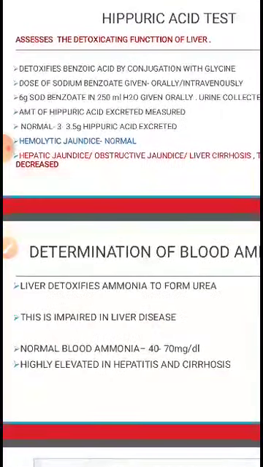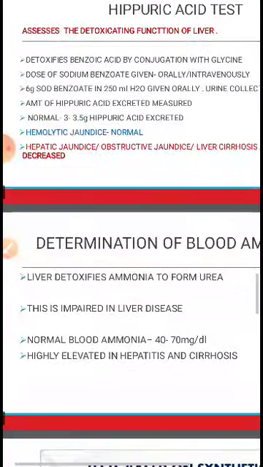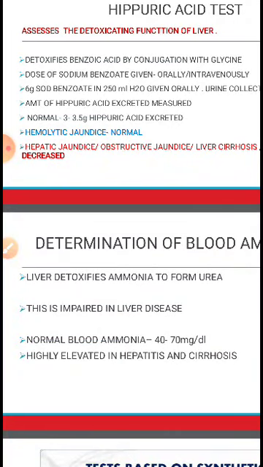The dose of sodium benzoate may be given orally or intravenously. So 6 grams of sodium benzoate in 250 ml water is given by the oral route, and the urine is collected in the next 4 hours. The amount of hippuric acid excreted in this 4-hour collection of urine is then measured.